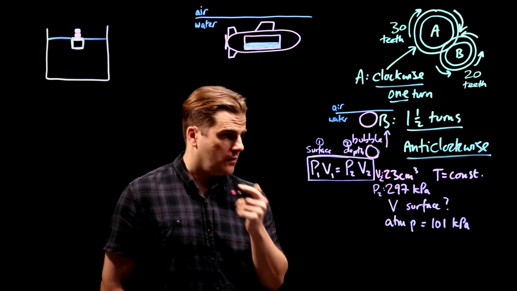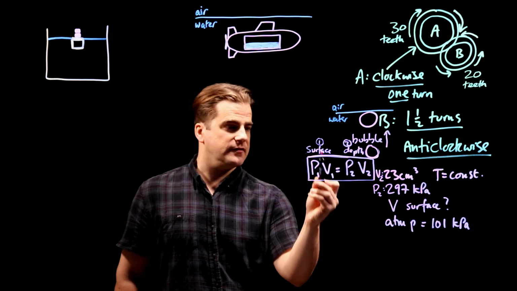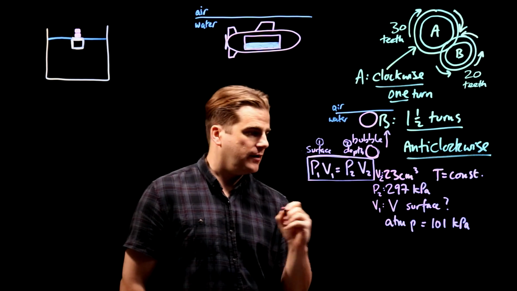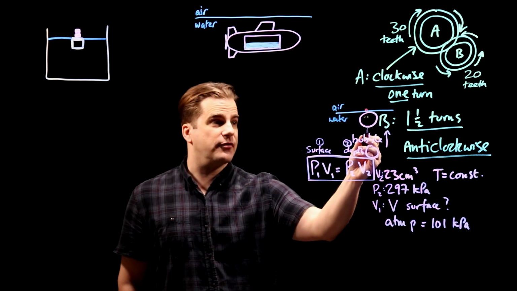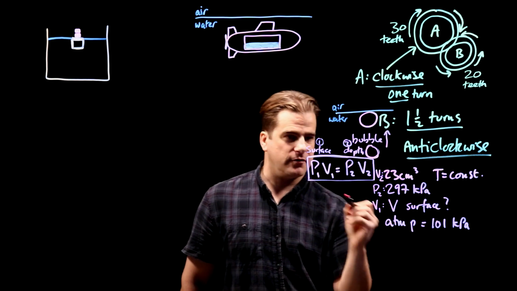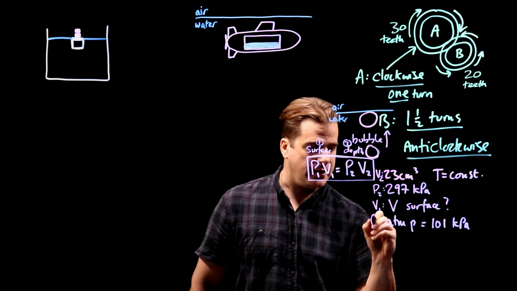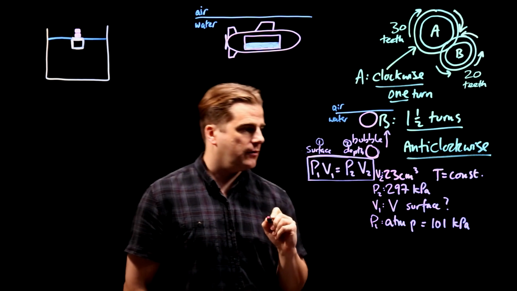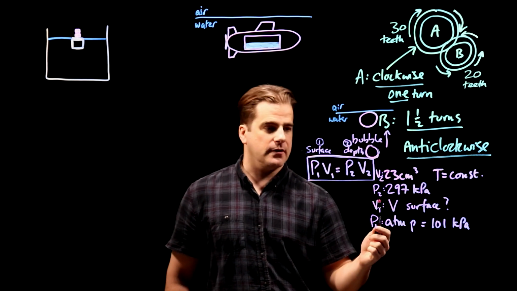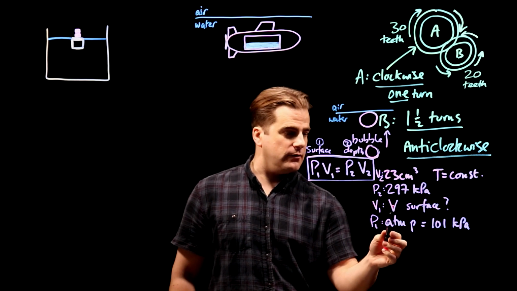We want the volume at the surface. Surface is 1, so that's V1. That's what we want. And the atmospheric pressure, that's the pressure at the surface, so that must be P1. Simple. So we want V1.